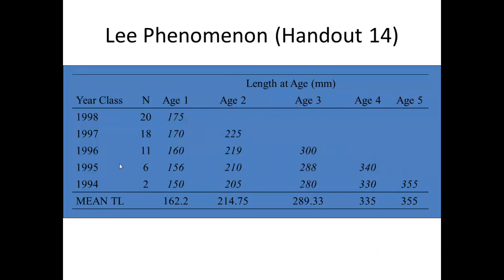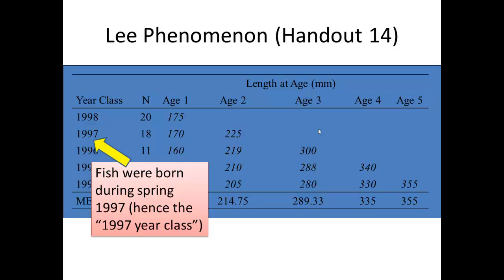And if you look at the table here, you see we've got the 1998 year class, and you see that we have their length at age 1, but not any other ages because they were only 1 year old when we caught them. And in a similar way, you can look at 1997, and so that's the 1997 year class.